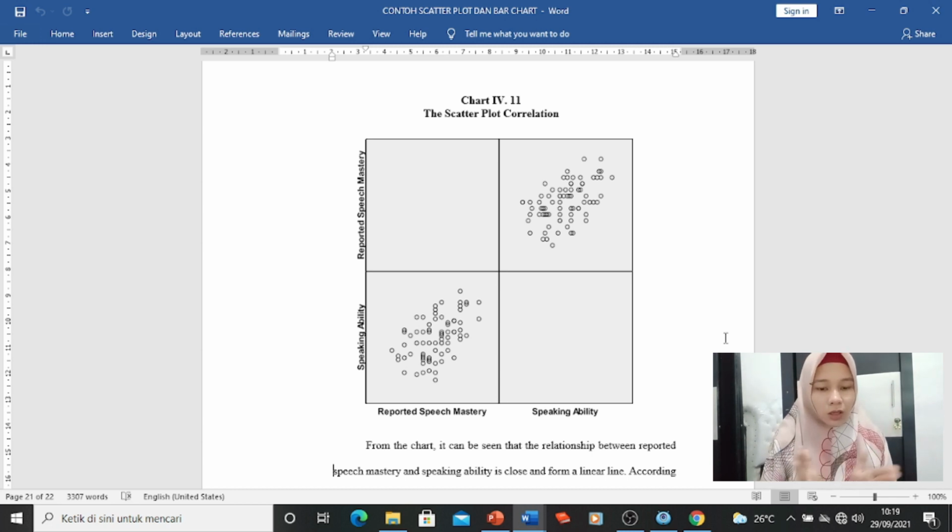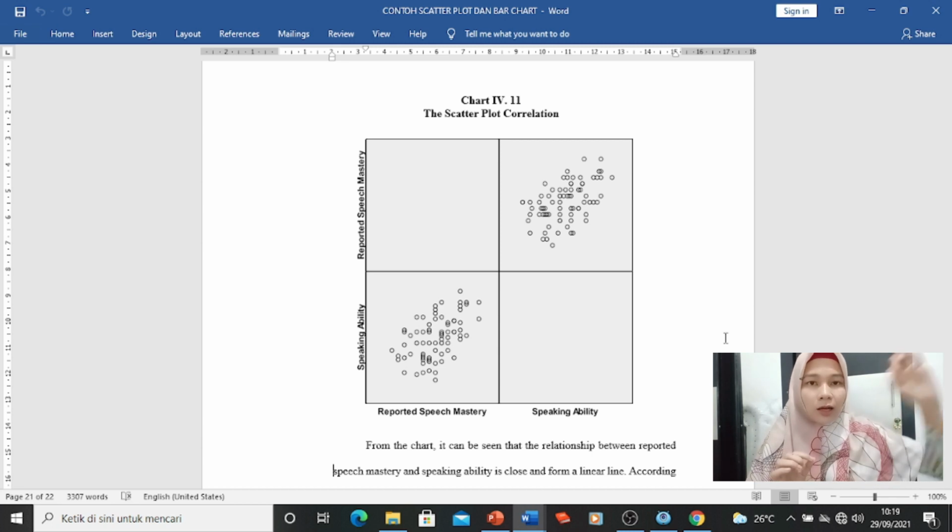So you may see here on the horizontal line, reported speech mastery and speaking ability. The first group of dots, or the small circles in my scatter chart, is in reported speech, and the second one goes up in speaking ability. If you carefully see, every dot goes making a line up.